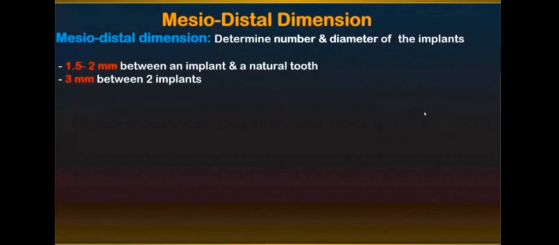The last dimension is the mesiodistal dimension. The mesiodistal dimension determines the number and diameter of the implants. There should be 1.5 to 2 millimeters between an implant and the natural tooth, and 3 millimeters in case we are planning to put 2 adjacent implants.